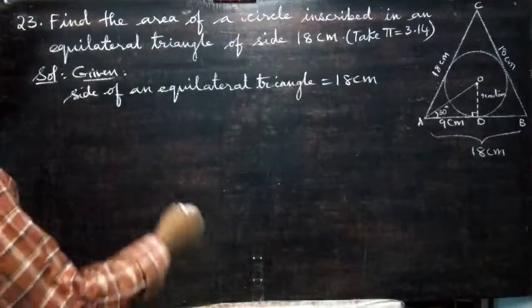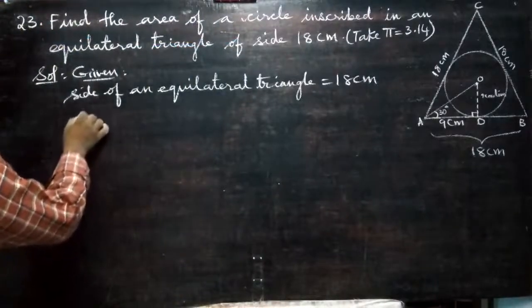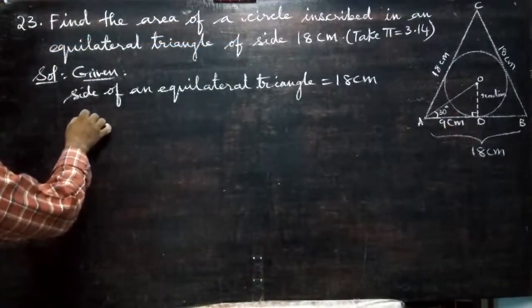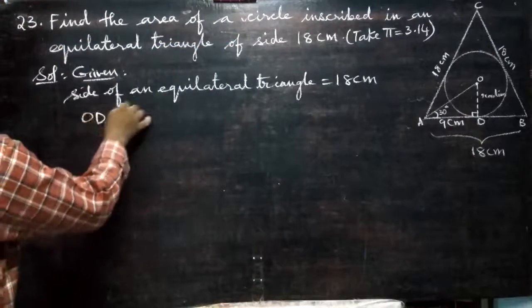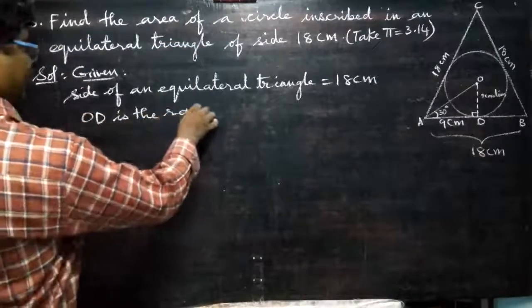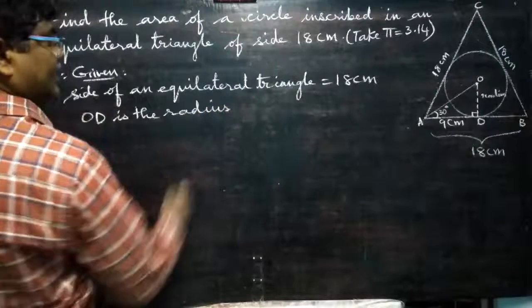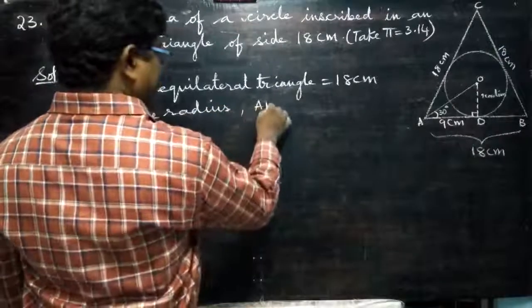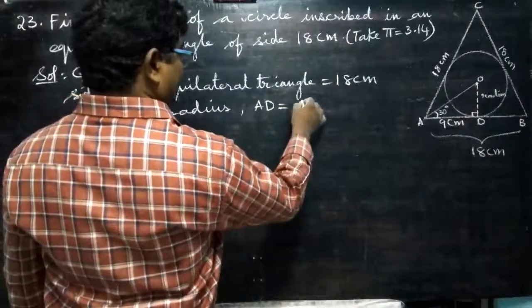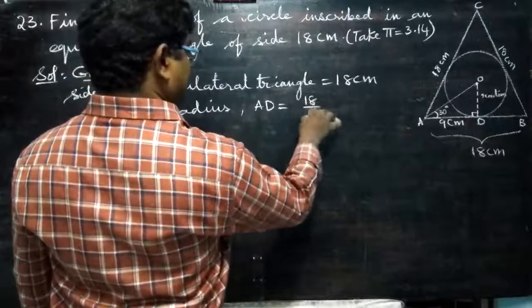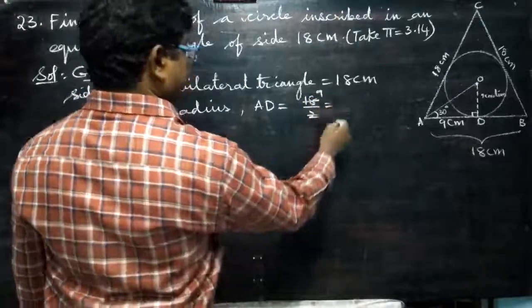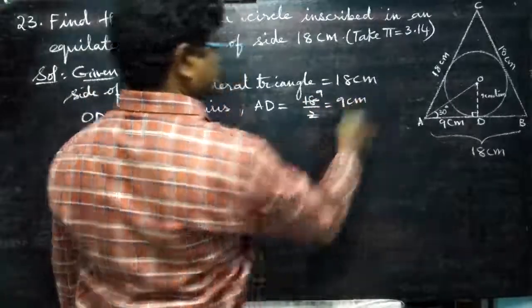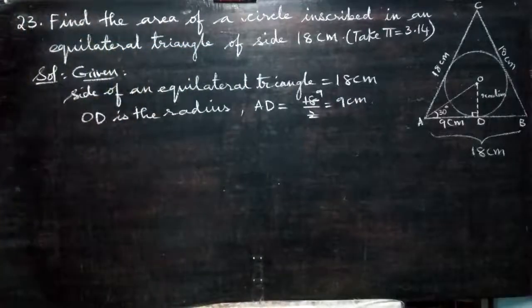Now we don't know the radius. OD is the radius. We have to find this one. And AD is equal to 18 by 2, 9 centimeters. Write clearly.